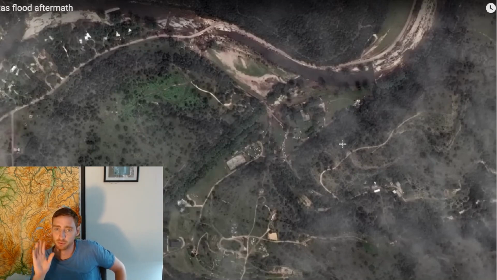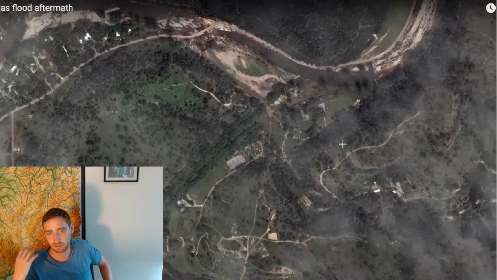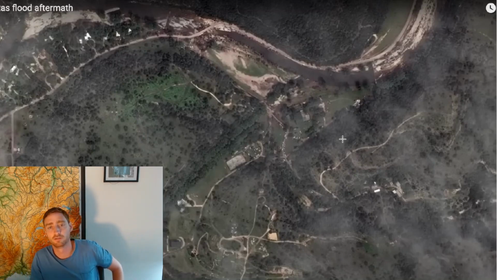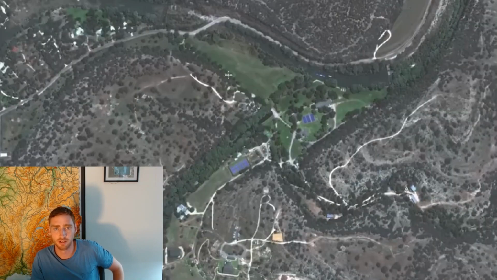And the people that were camping there without any prior warning would really have had no chance to get out of there in time. A lot of the soil you can see has also been completely removed by the energy of this flood. It just shows you the intensity, the power of this flood event.